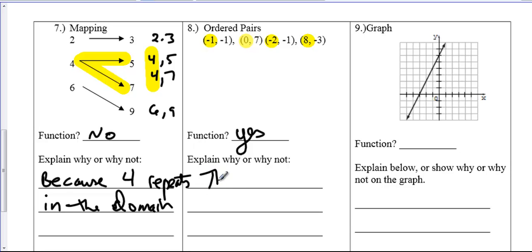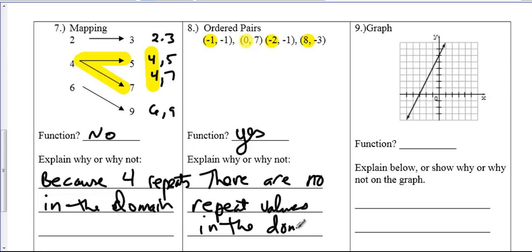Because there are no repeat values in the domain. Now you'll notice if you look at the range, negative 1 does repeat, but that does not matter. It's only the domain. So keep your eyes on the domain.